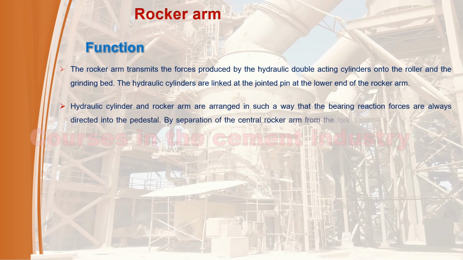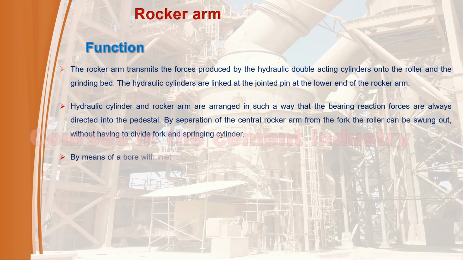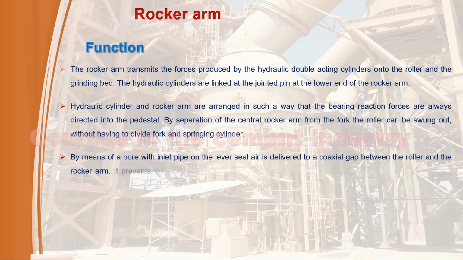By separation of the central rocker arm from the fork, the roller can be swung out without having to divide fork and springing cylinder. 3. By means of a bore with inlet pipe on the lever seal, air is delivered to a coaxial gap between the roller and the rocker arm.